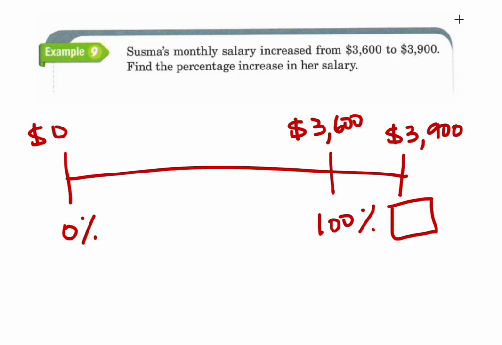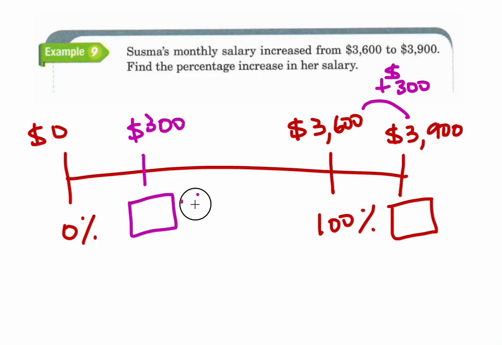Okay, and then what you could do here, just like before, is you can actually subtract to see how much it is. It's going to be adding $300. So then you're figuring out how much the percentage is for $300, that increase.